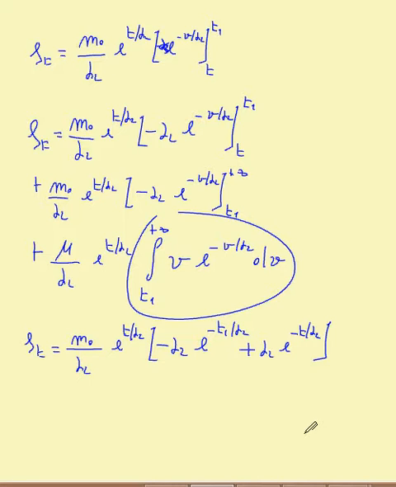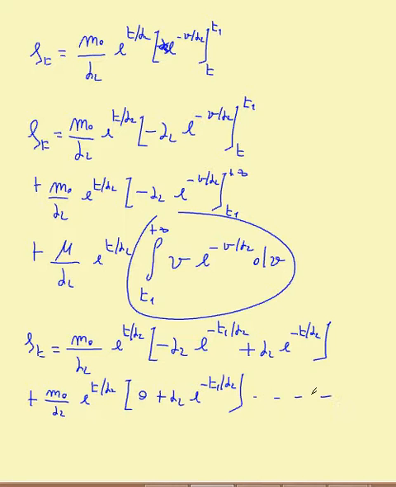The same for the second integral. The second integral becomes m0 over alpha 2 e to the power of t over alpha 2. The value, if v goes to plus infinity, is 0. Minus minus plus, the value in t1 becomes alpha 2 e to the power of minus t1 over alpha 2. And this is the value of the second integral.